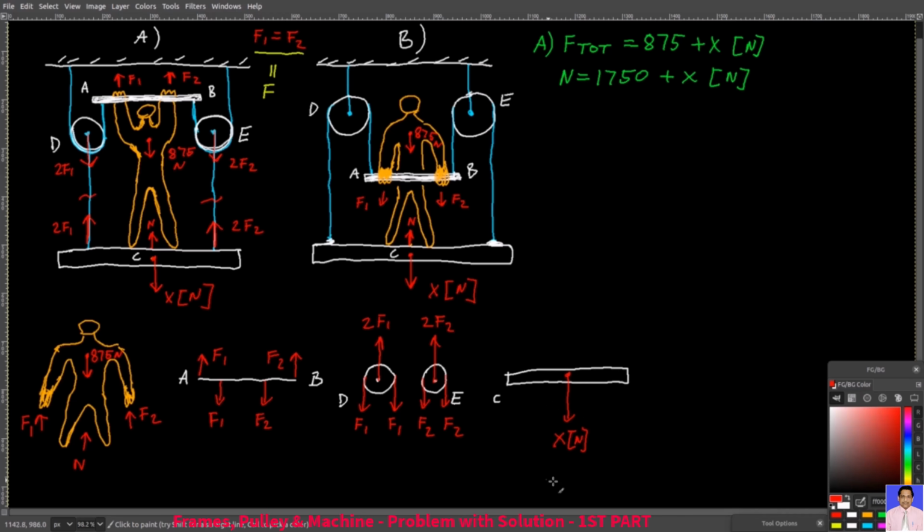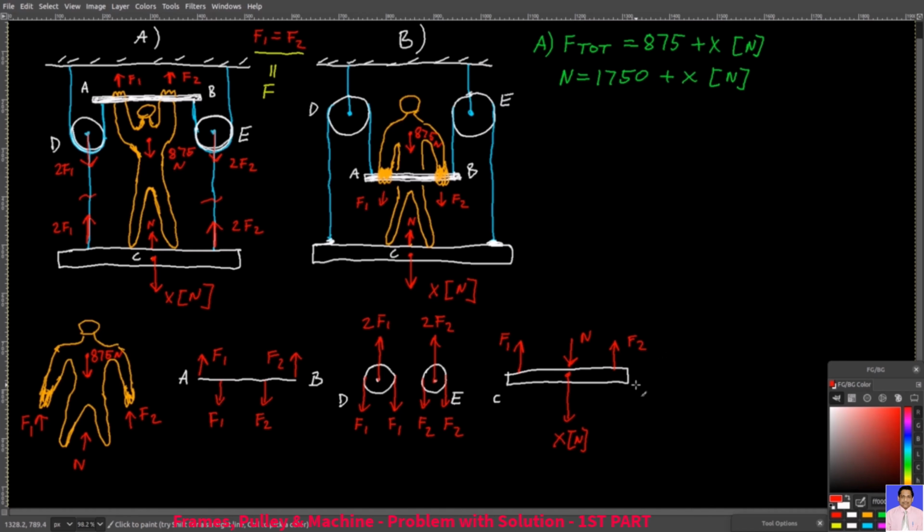You have the weight of the platform, also the normal force applied by the guy due to Newton's third law. However, the difference now is that the rod C is balanced with F1 force on one side and F2 force on the other side. In case A, you had 2 times F1 on one side and 2 times F2 on the other side.